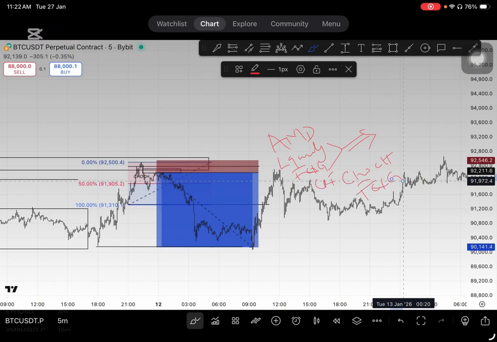Once you tap into that fair value gap after your change of character, that is basically your entry. Now once you tap into that fair value gap, you target the next liquidity, or basically the next low that created this move. Just as simple as that, and you're good to go.